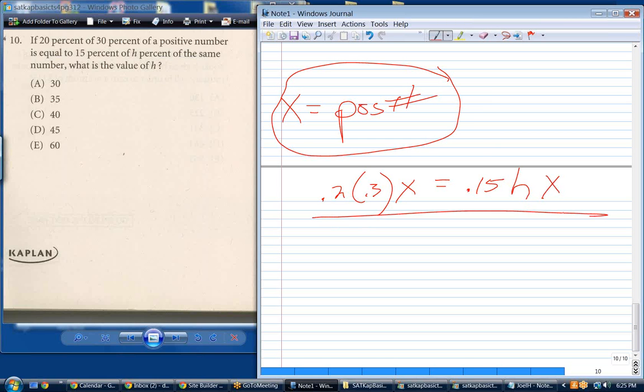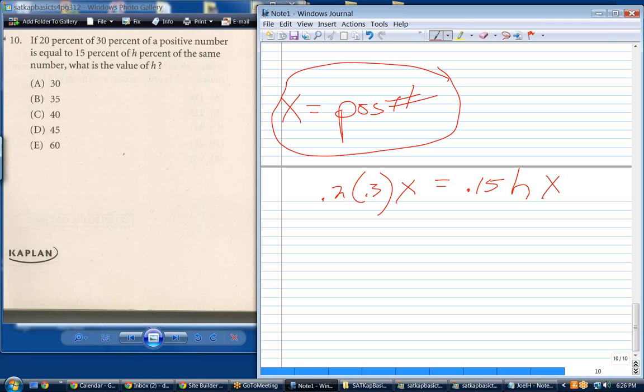Now, can you solve that for h? So you divide by 0.15, sorry. What's the first thing we can do with the x's? Oh, minus x for both sides.